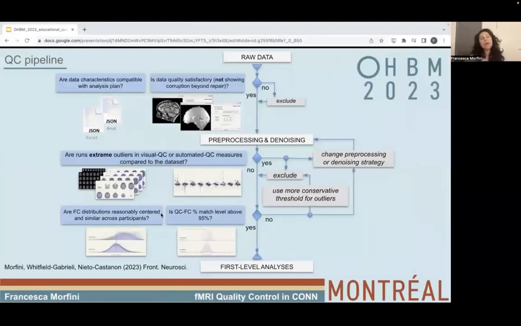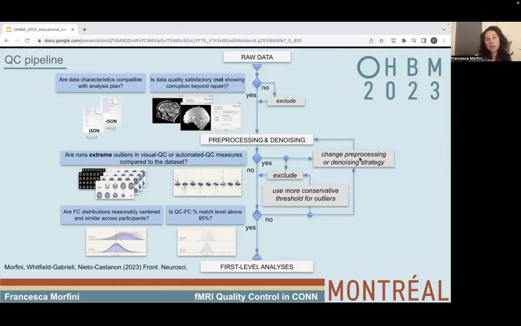And so if some issues are found, either from the functional FC distributions or the QC-FC match was not satisfactory, for example, below a 95% threshold, one could decide whether to exclude some data, maybe by changing the threshold for how outlier volumes are identified, and reevaluate having excluded that data, as we have done and as I showed you.